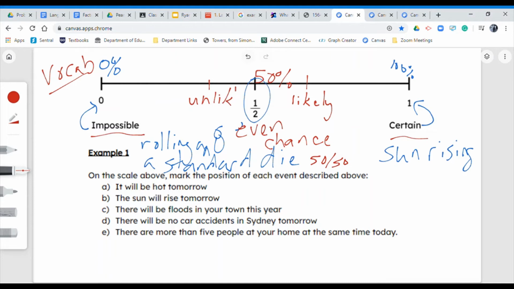After unlikely, you can start to break this up into more partitions. If something is more probable to happen than likely, but less than certain, you can say it's very likely.